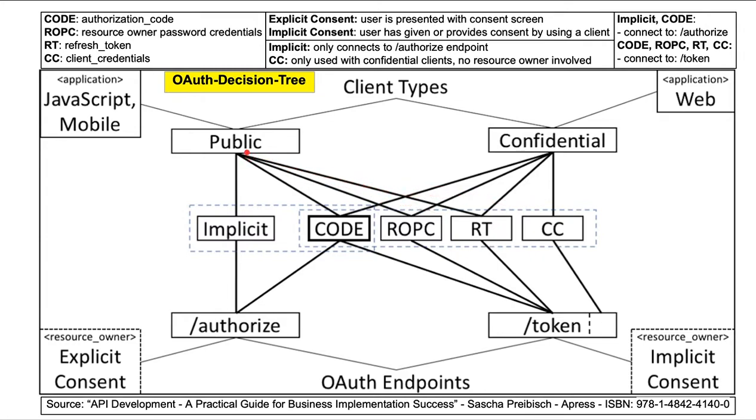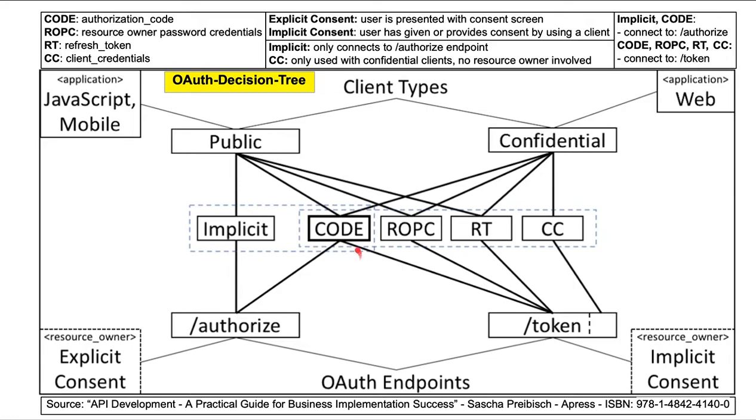And then, of course, with the public client, you can choose if you want to use the implicit flow, where your application is only communicating with your authorization endpoint, or you choose the code flow, the password flow, and then later on the refresh token flow. In those cases, you would also connect to the token endpoint.